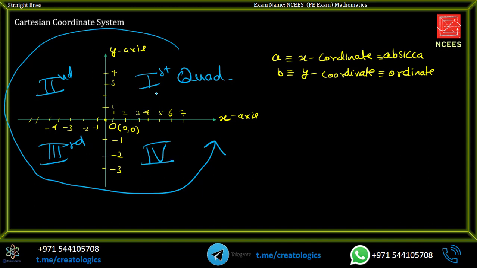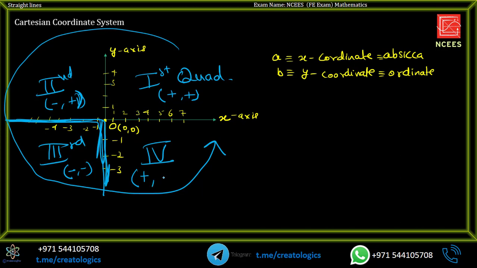If a point is lying in the first quadrant, its x coordinate as well as y coordinate are positive. If a point is lying in the second quadrant, x coordinate is negative, y coordinate is positive, right? If a point is lying in the third quadrant, x part is negative, y part negative. If a point is lying in the fourth quadrant, then its x coordinate is positive but y coordinate is negative.